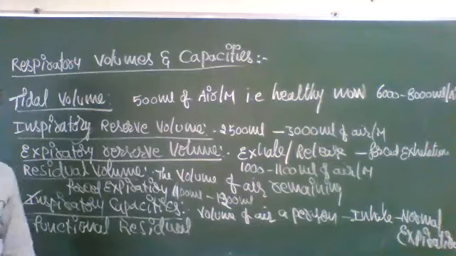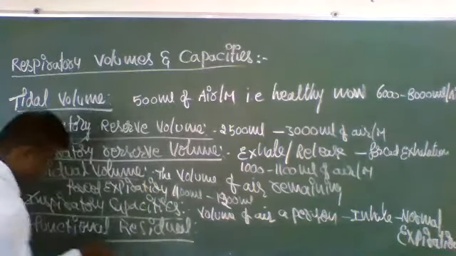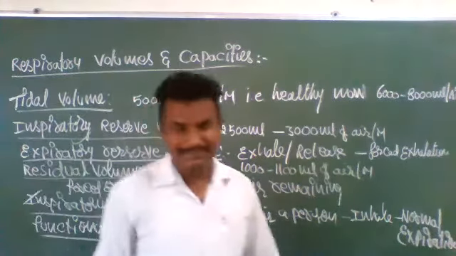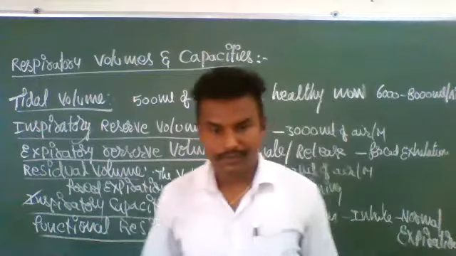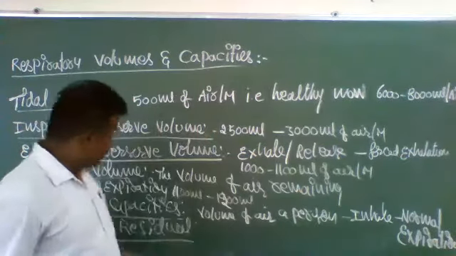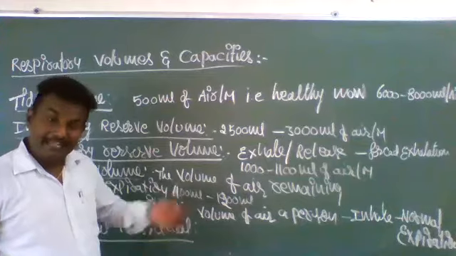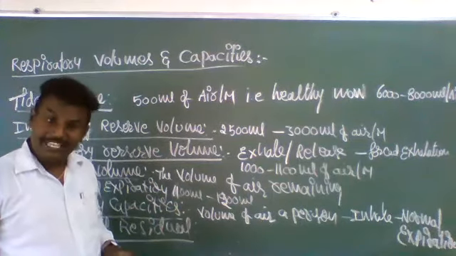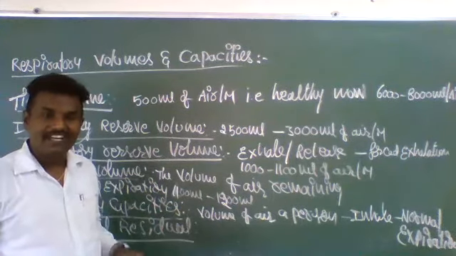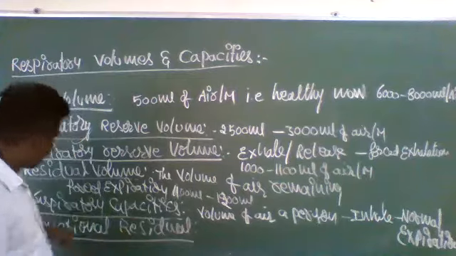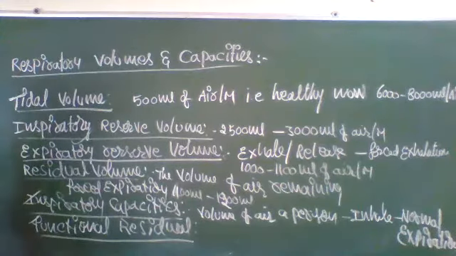Functional residual capacity. The volume of air that remains in the lungs even after normal expiration. That is called functional residual capacity.